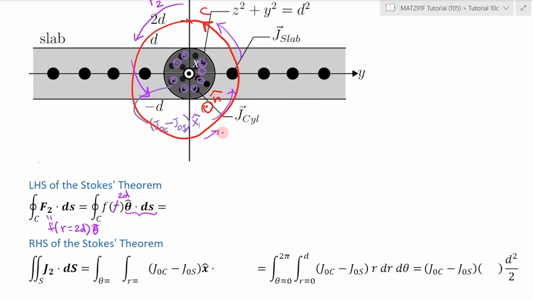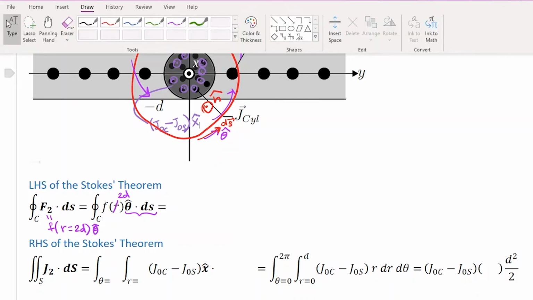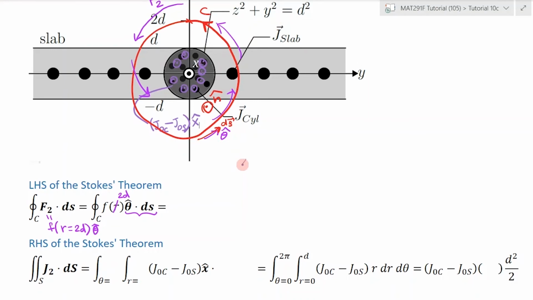Theta hat is in this direction. ds is also in this direction. So then when you take the dot product, we get magnitude of this times cosine of the angle between the two.